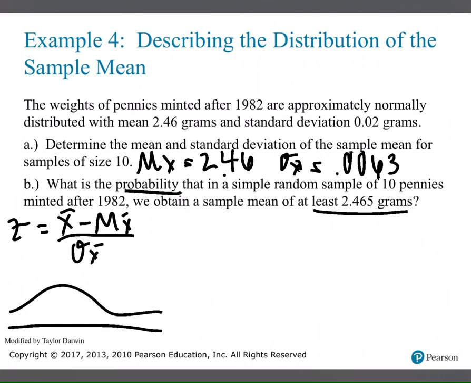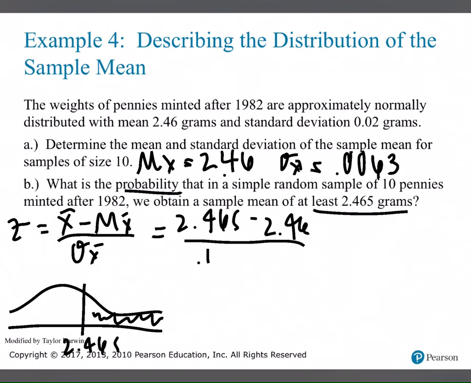And we want to find at least, so at least 2.465. At least means more than. So I'm going to input this information, 2.465 minus 2.46. So we're just doing a z-score with this new information, with the mean of the mean. And that's all we're doing. And I get 0.79.